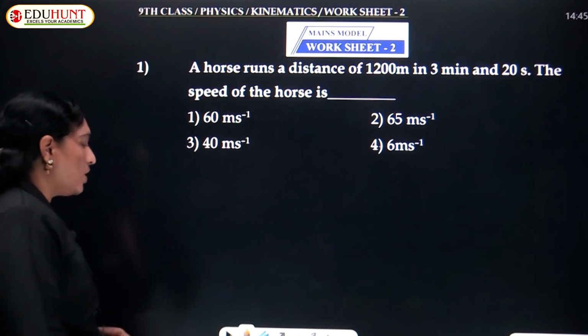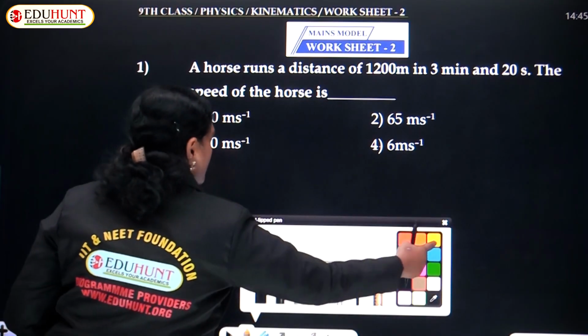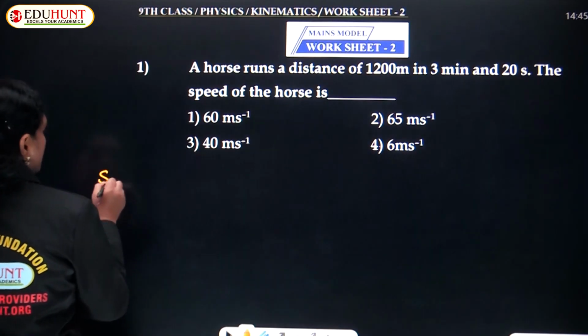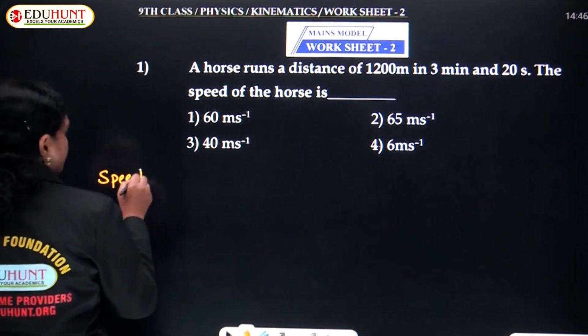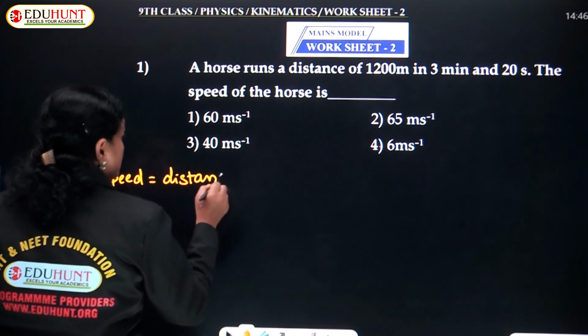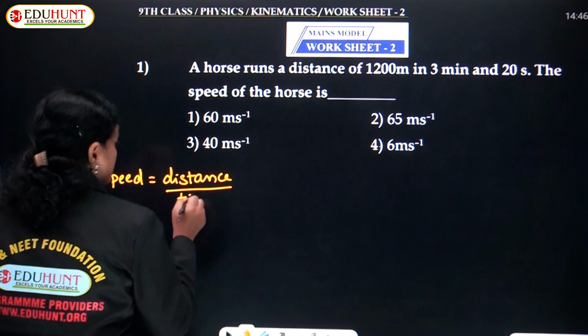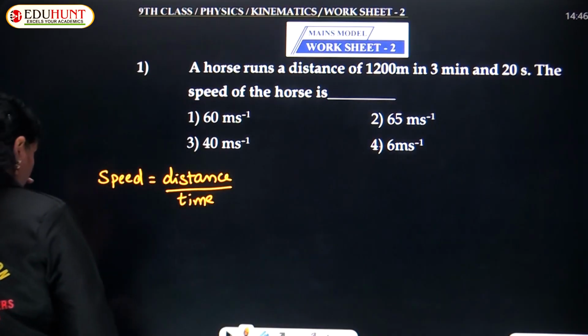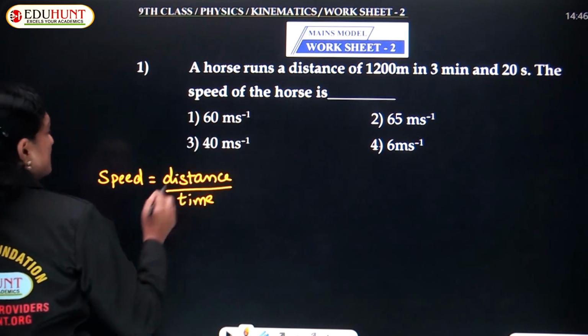The speed of the horse is, children, as we know that speed equals distance by time. So you're asked to find the speed of the horse.